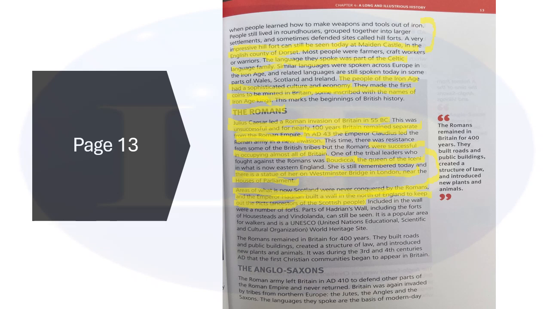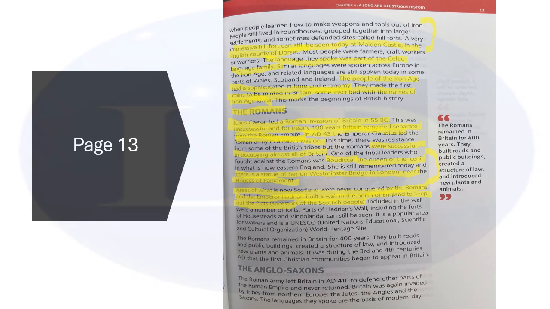So he built a wall between Scotland and England so that Scottish people could not come across and attack. He tried to defend himself and his empire, because he was worried they would come down and attack, and take away his government and his kingdom and everything.